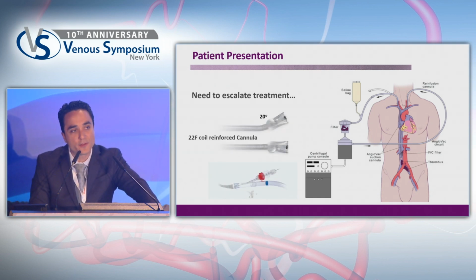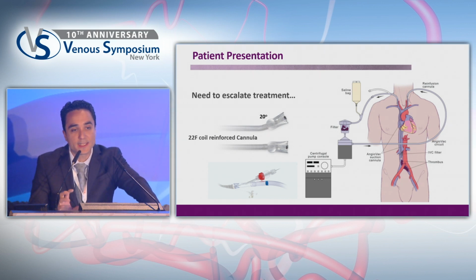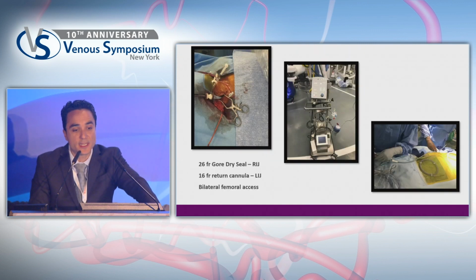It comes in two configurations. You have the straight tip cannula, 22 French, and an angle tip 20 degrees that will facilitate the cannula to navigate into the side branches. The whole system moves over a stiff wire, and it has a funnel tip that is inflated and can open up to 26 French to accommodate the entire IVC.